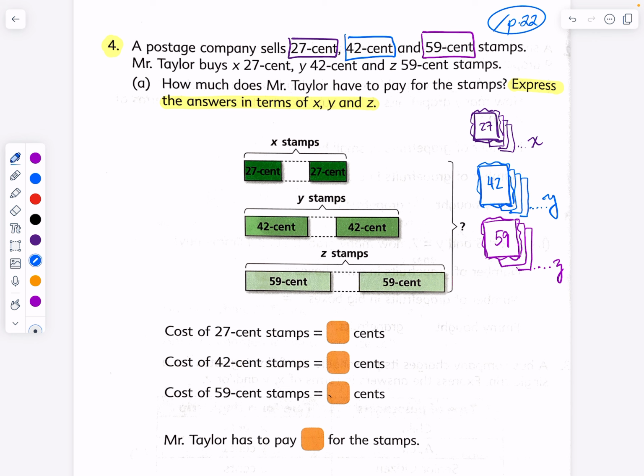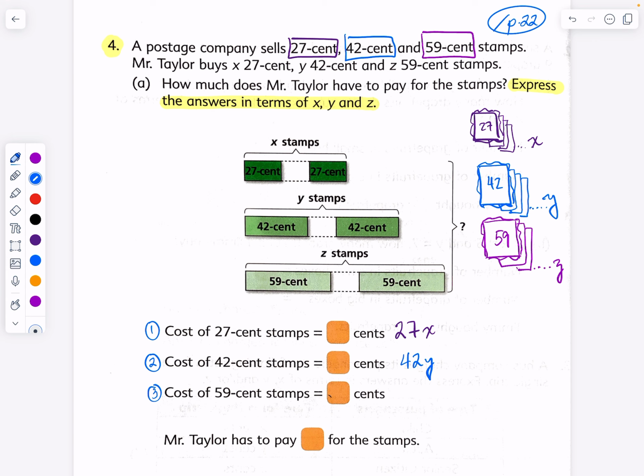Step 1. What is the total amount of money Mr. Taylor spent on his cheapest stamps, 27-cent stamps? Let's use the same color, of course. He spent 27x. That's the amount of money. What about 42-cent stamps? He spent 42 times the quantity Y, 42y.